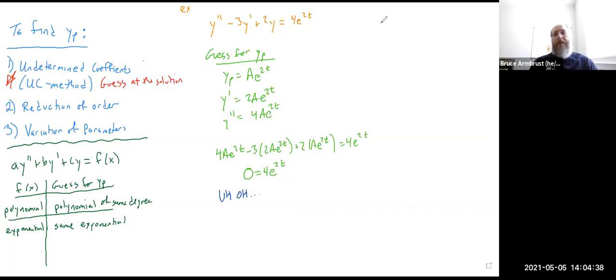Okay, well, check this out. Let's go find y1 and y2. So we create our polynomial, which is going to be r squared minus 3r plus 2 equals 0, just taking those coefficients. This one factors to r minus 2, r minus 1.